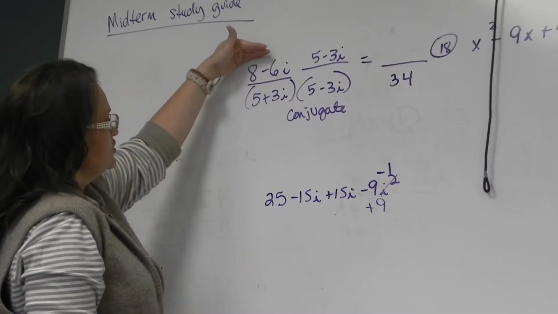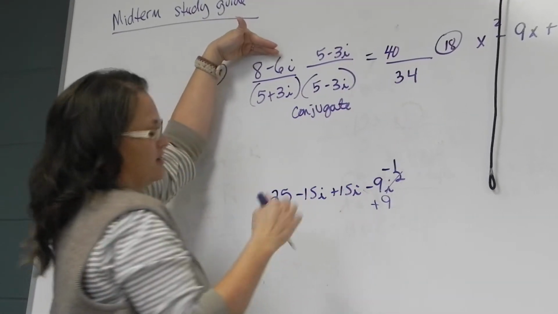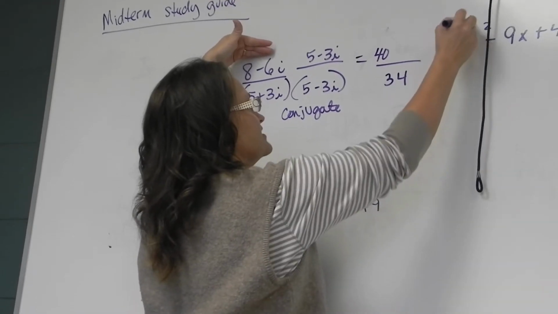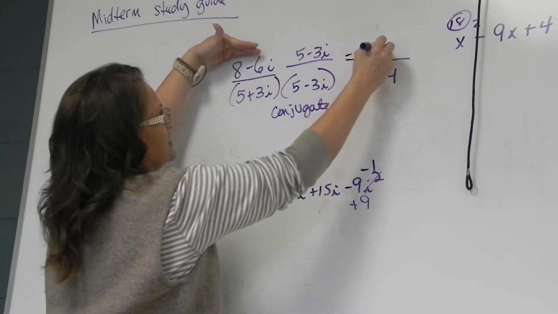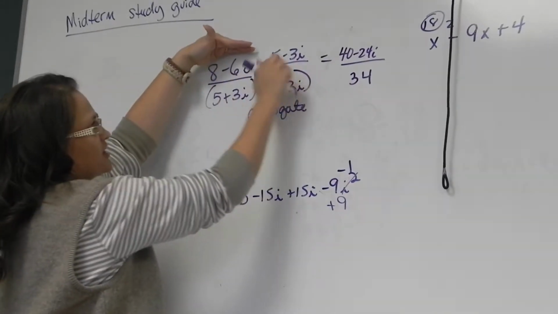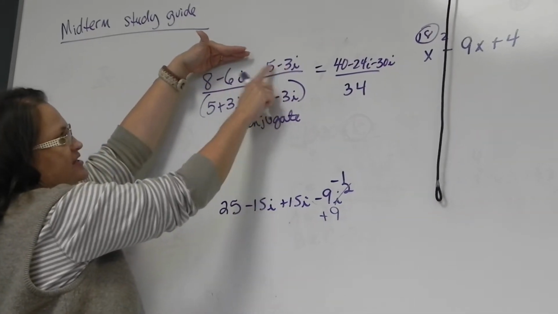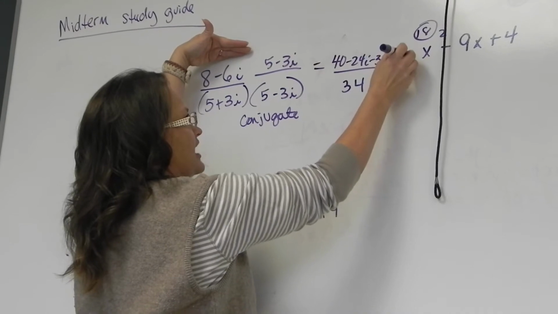All right, then for the numerator, FOILing that out does not mean that you're going to get a rational number at all. So unrelated might be a mess. First is 40. Outer is negative 24i. Inner is negative 30i. And last times last, because it's negative times a negative, it is positive 18i squared.